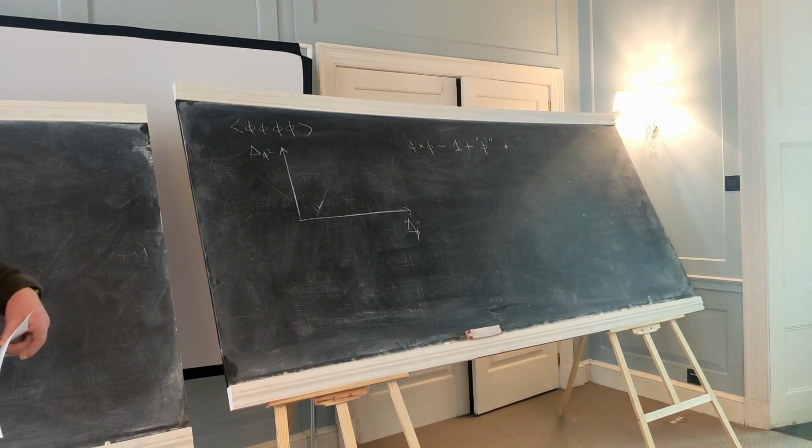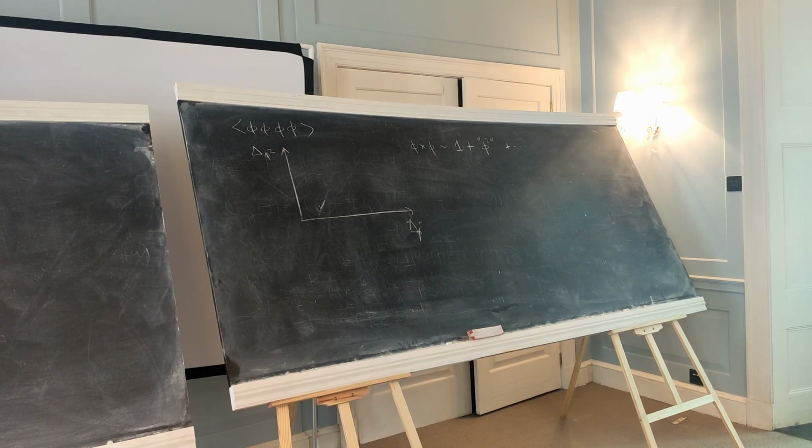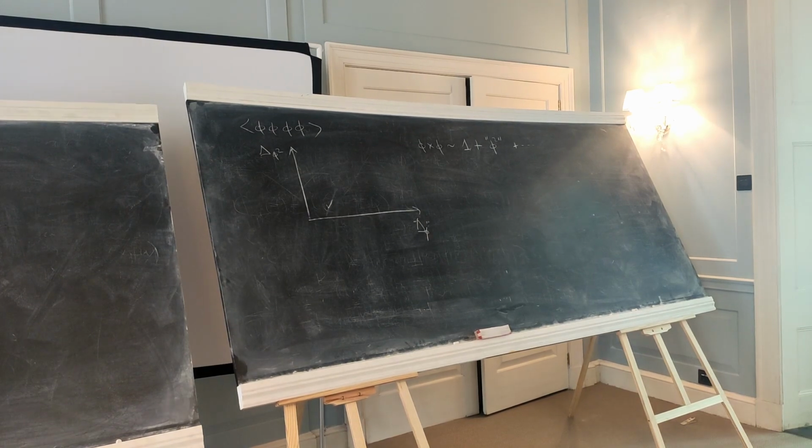So I choose my delta phi, I choose my delta phi squared in there, and I leave everything else to start from the unitarity bound, okay? But I say that the leading scalar is from some value and above. I don't allow it to be below a certain value, the leading one. Then there could be an infinity of subleading ones, but the leading one will be at some value and above.